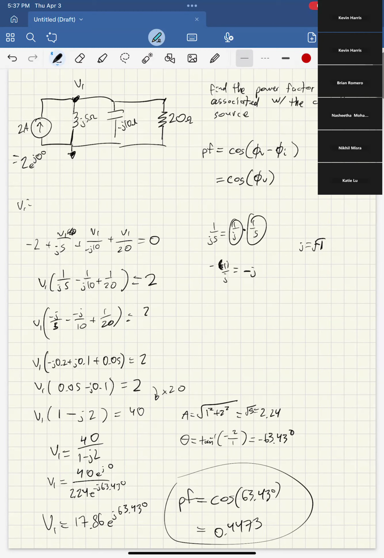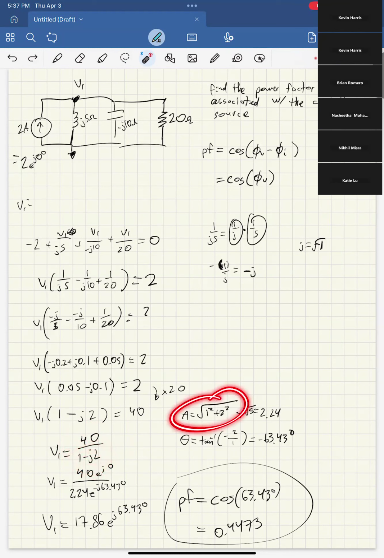Okay, how did you know what to put in the square root to calculate? So this is asking about this. We were here, right, and we just want to find the magnitude and phase of this complex number.